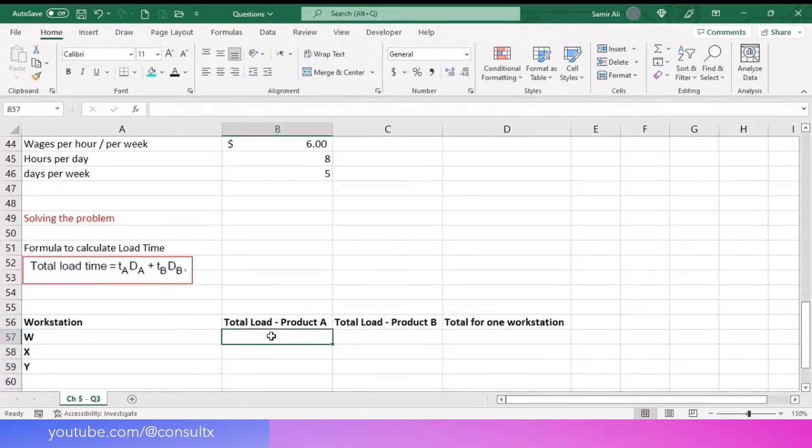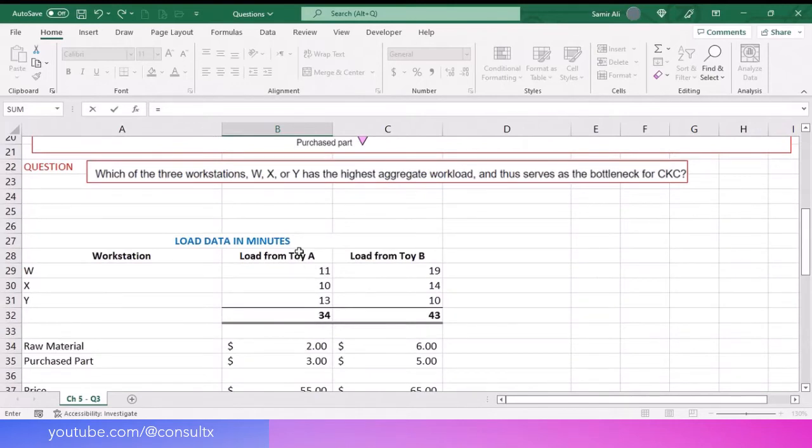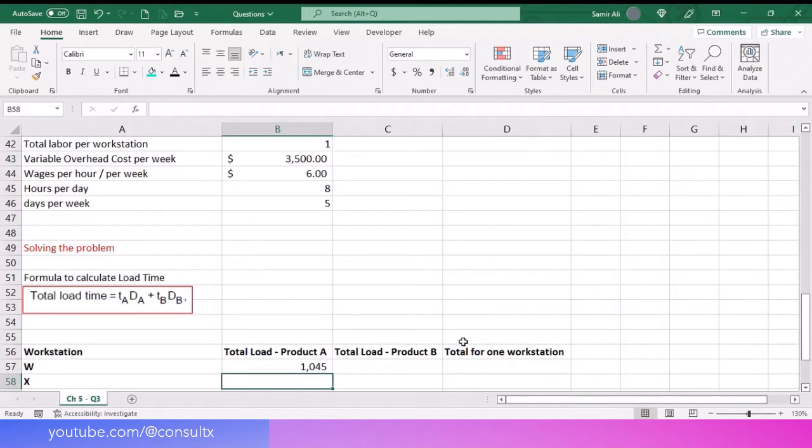Okay, how do we calculate the total load for product A? We take the time of workstation W and multiply by the demand of product A. So put in an equal sign, the time for product A at W is 11 minutes, and then we multiply that by the demand, which is 95 units per week, and we get 1045.